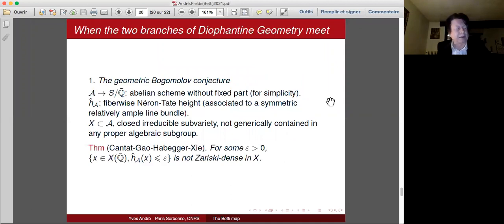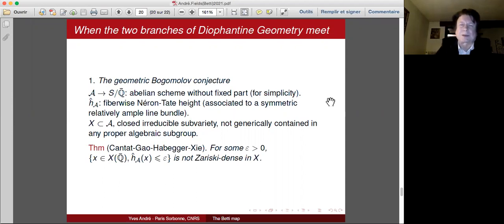So now let me discuss, I promise, some cases where the two branches of Diophantine geometry meet. In fact, the first branch is about the study of rational points, and the second branch is about unlikely intersections, and underlying this is the role of the Betti map.